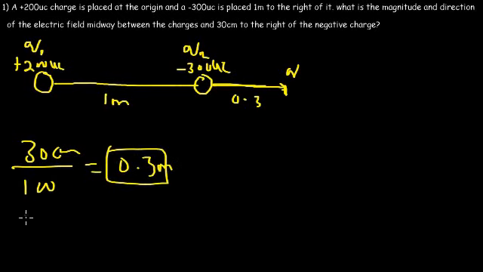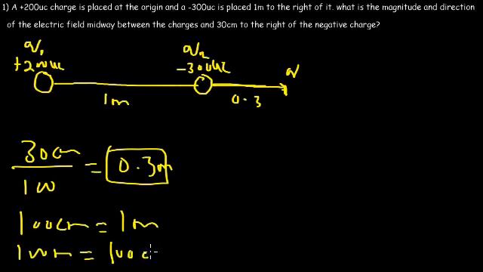So what you need to know is that 100 centimeter is simply equal to 1 meter, and 100 meter is indeed equal to 10,000 centimeter. So when you are converting from centimeter to meter, you divide by 100, and when you are converting from meter to centimeter, you multiply by 100. So that's just something you want to keep in mind as well. So let's continue with the problem.